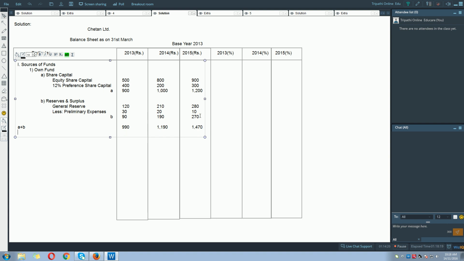So 120 minus 30, you will get 90. 210 minus 20, you will get 190. And 280 minus 10, you will get 270. So let us name this as A and this as B, right?